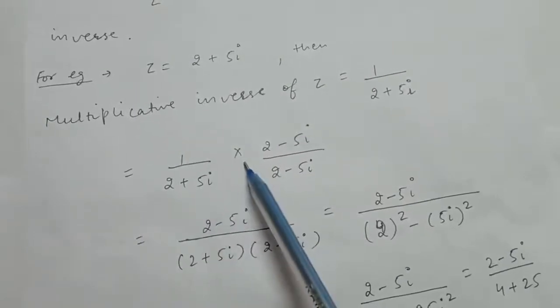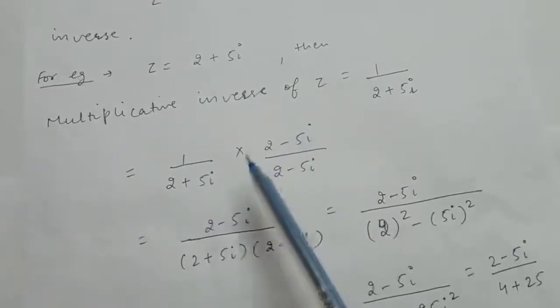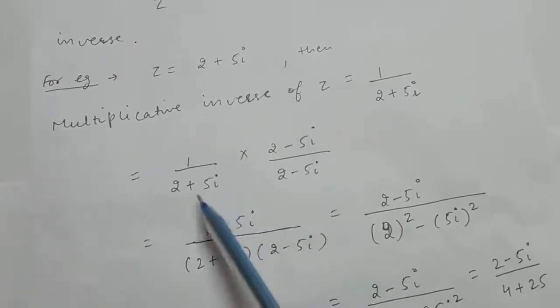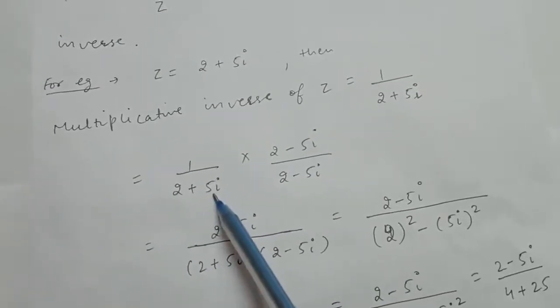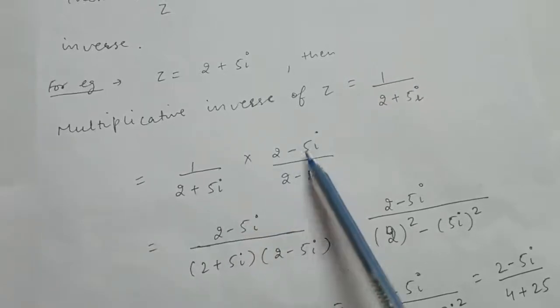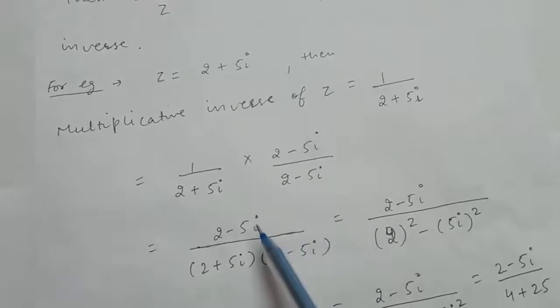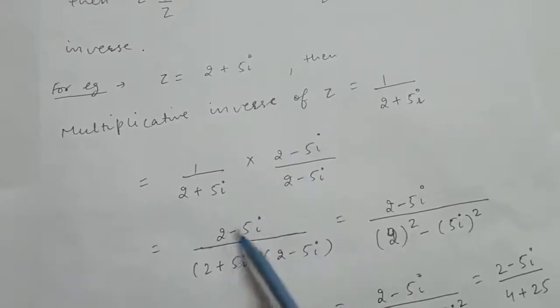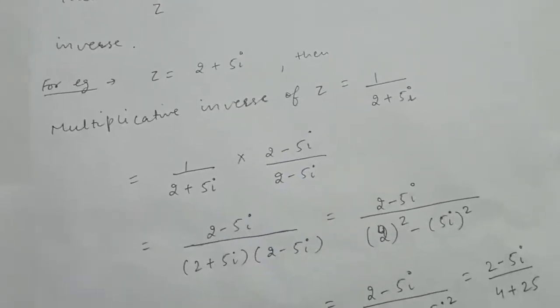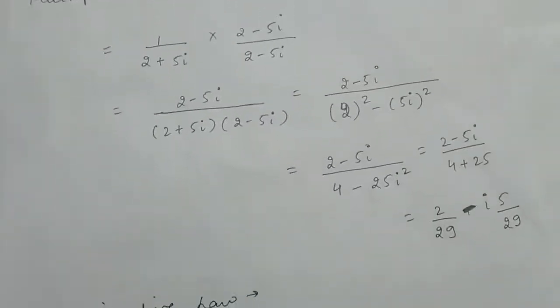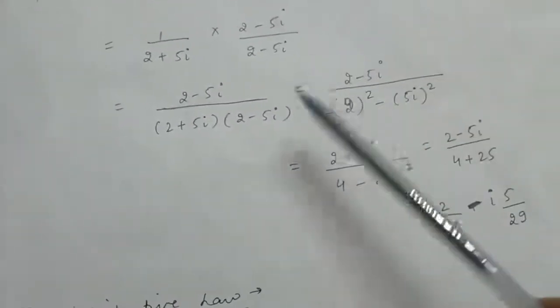So rationalize it with 2 minus 5 iota, that is change the sign of the imaginary part. Here it is plus 5 imaginary part, so here it will be minus 5, right? So rationalize it with this complex number, so you will get in the numerator 2 minus 5 iota upon, in the denominator, 2 plus 5 iota into 2 minus 5 iota.